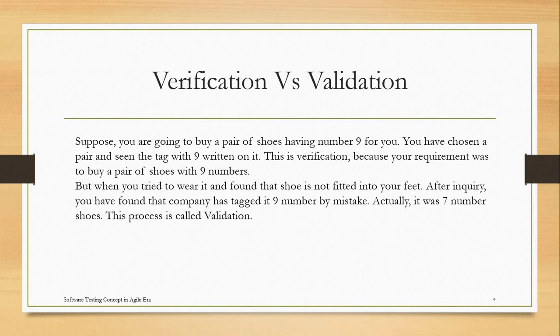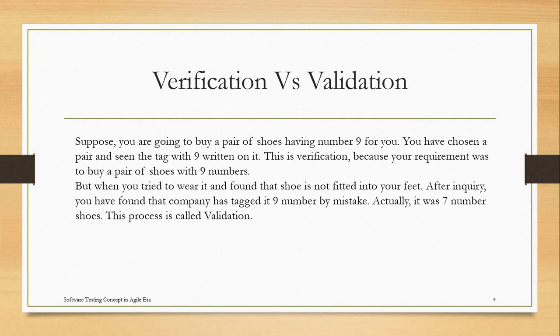But when you actually check it, you observe that for one leg the shoe size is correct, but the second shoe is small. Although the label was 9, the shoe was actually 7 number. So you were validating and you observed that one shoe is not the correct size, which means your validation failed. I hope it is very clear, right?